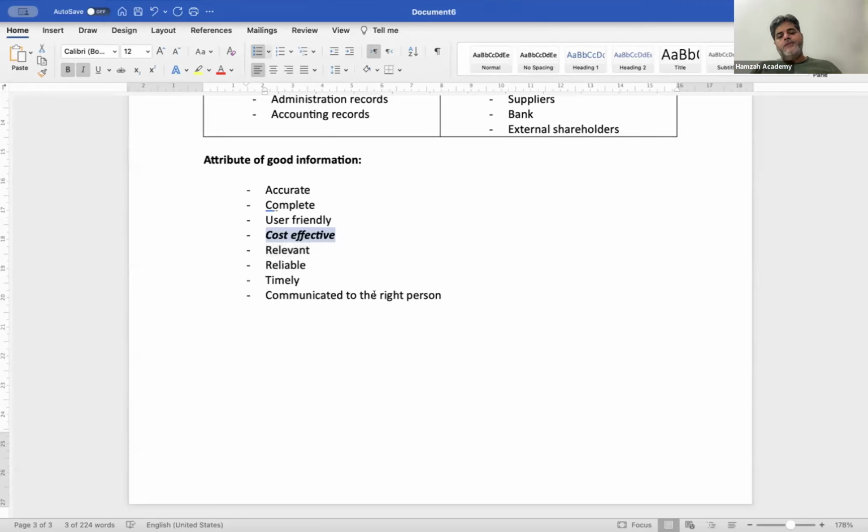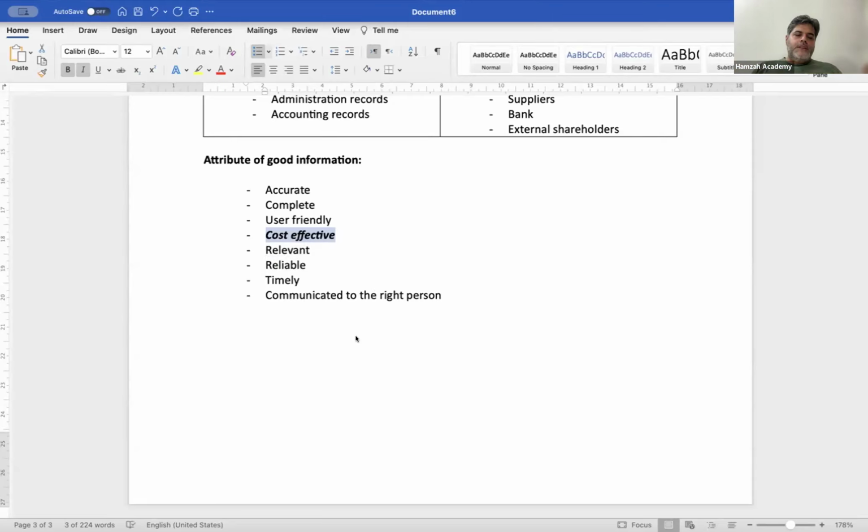Then communicate it to the right person. No matter how accurate, complete, cost effective, relevant, reliable, or timely the information is, if you don't communicate it to the right person, then the whole information simply goes down the drain.